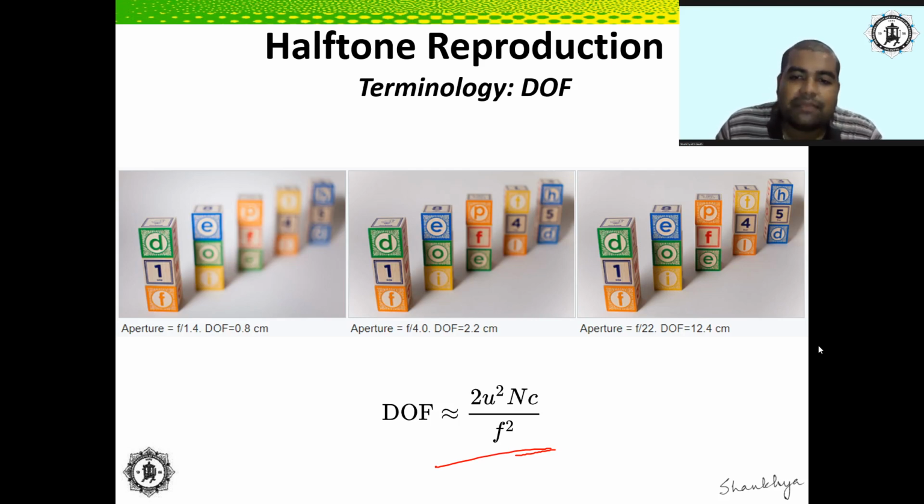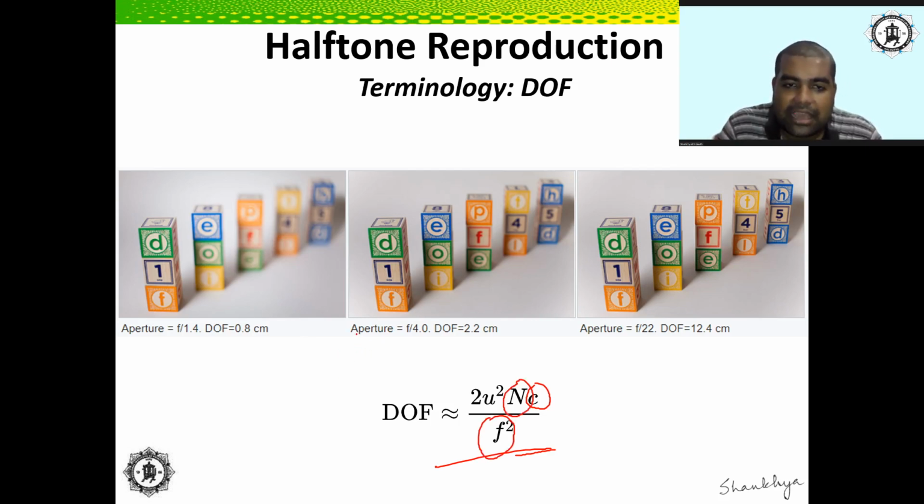The depth of field can be determined by focal length, distance to subject, the acceptable circle of confusion size, and aperture. Right now, in the formula that you are seeing in front of you, C is representing the circle of confusion. Circle of confusion is basically the diameter. I'll tell what circle of confusion is. F is your focal length.